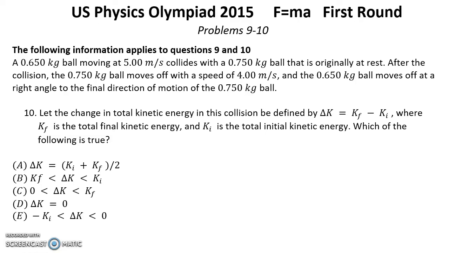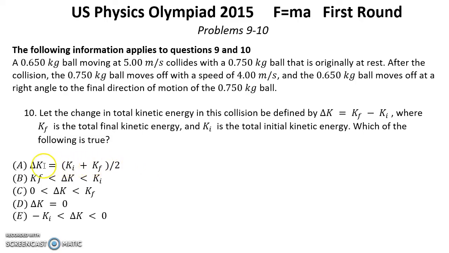It means that the final kinetic energy is less than the initial kinetic energy, and we can tell that delta K must be negative and less than Ki in value.